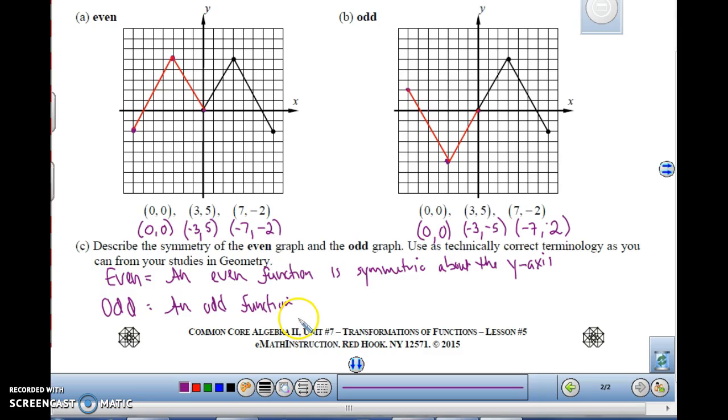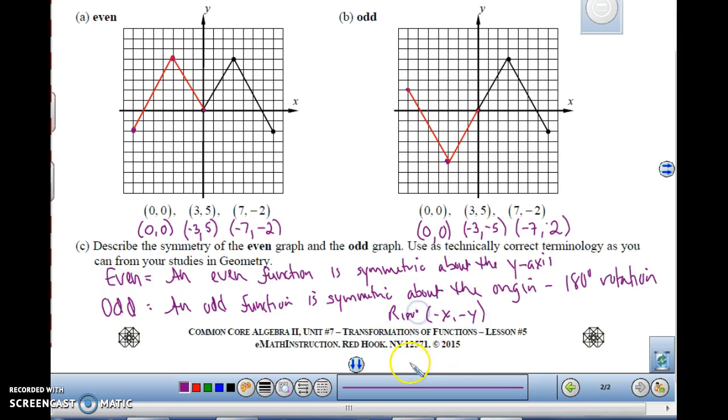An odd function is symmetric through the origin, making a 180-degree rotation. And that makes sense when you think about it, because remember, opposite inputs get opposite outputs: you get negative x, negative y, and that's the rule for a rotation of 180 degrees that we learned back in geometry.